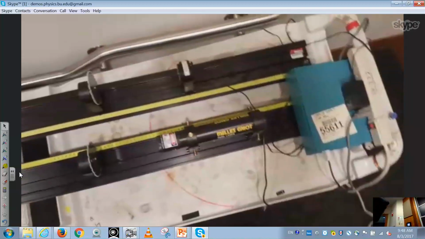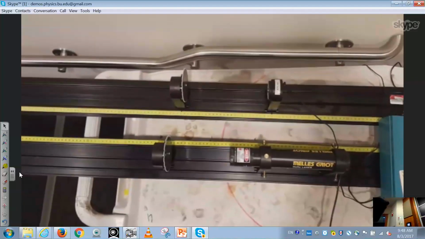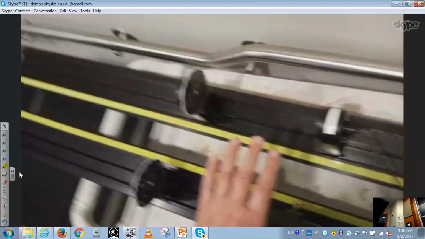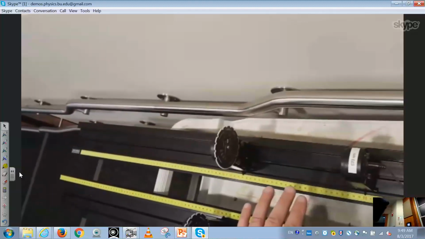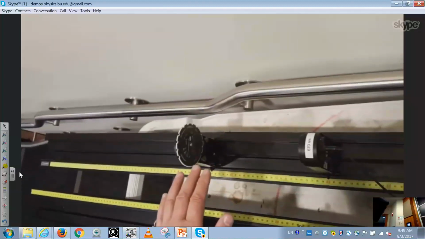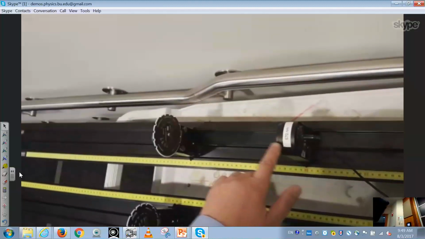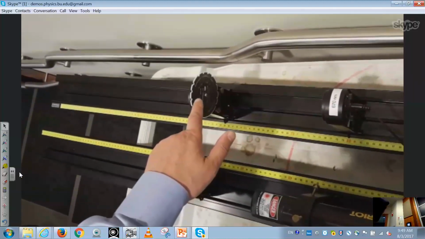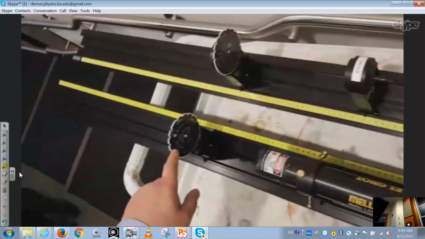Right here, you can see two optical rails. And both provide red laser beams. One will be traveling through a double slit, and the second will be traveling through a single slit.